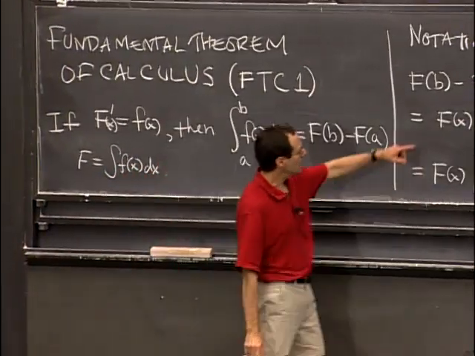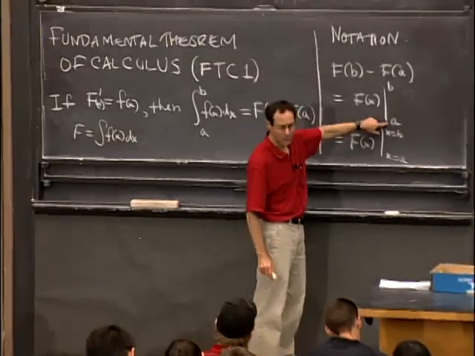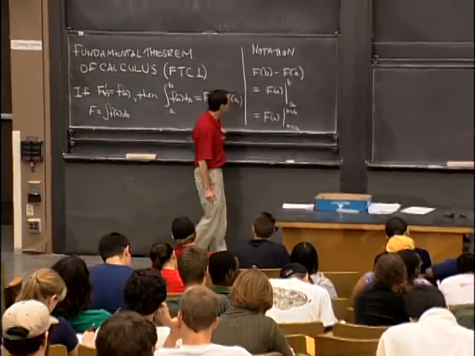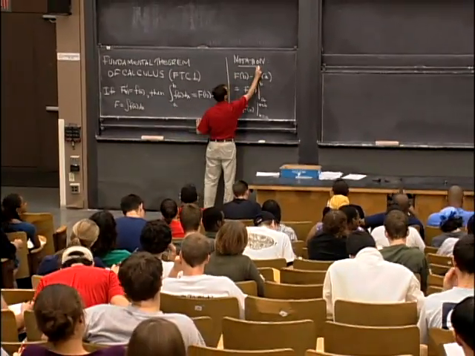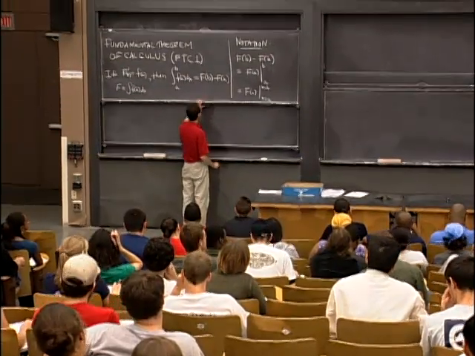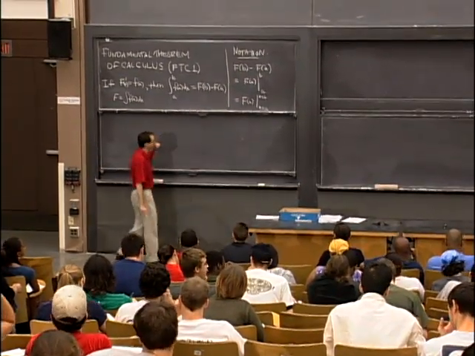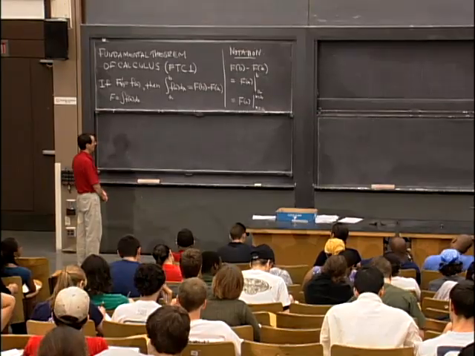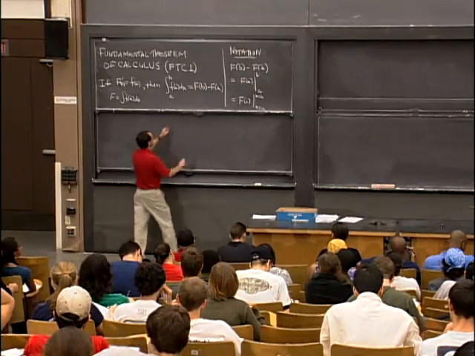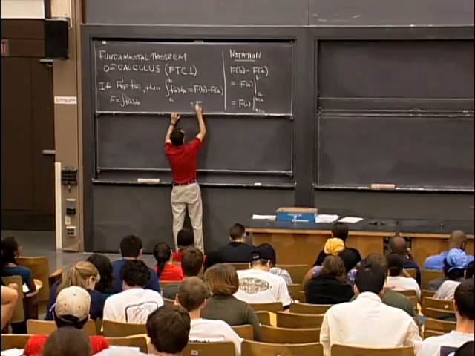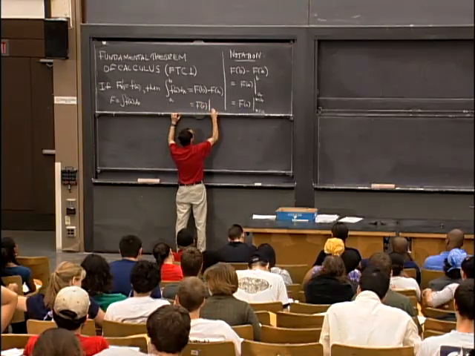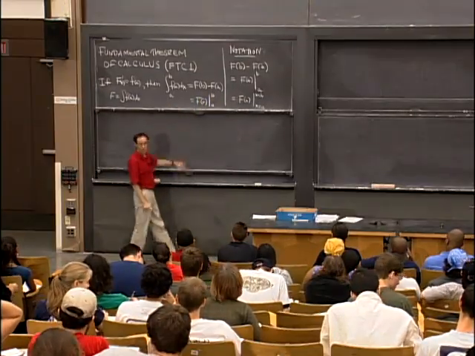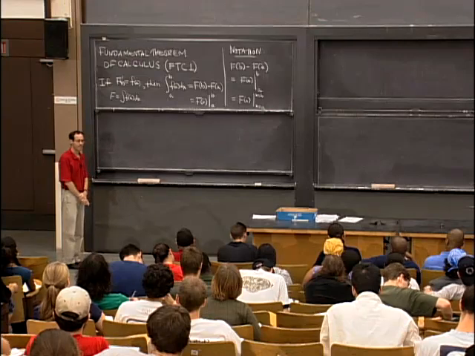And now you take the top value minus the bottom value. So F of b minus F of a. So this is just a notation. And in that notation, of course, the theorem can be written with this set of symbols here equally well.